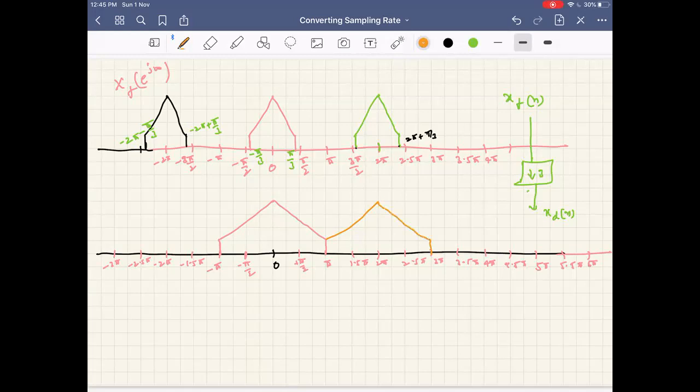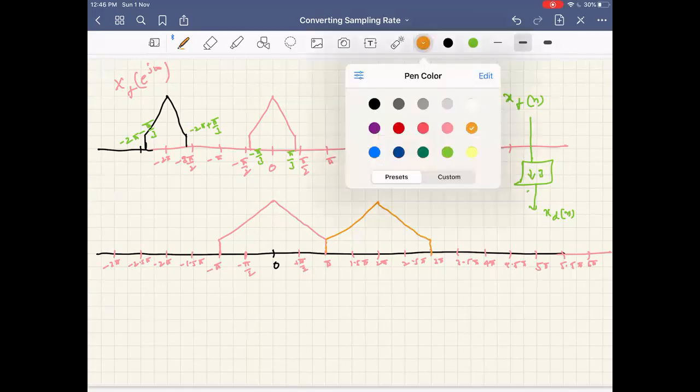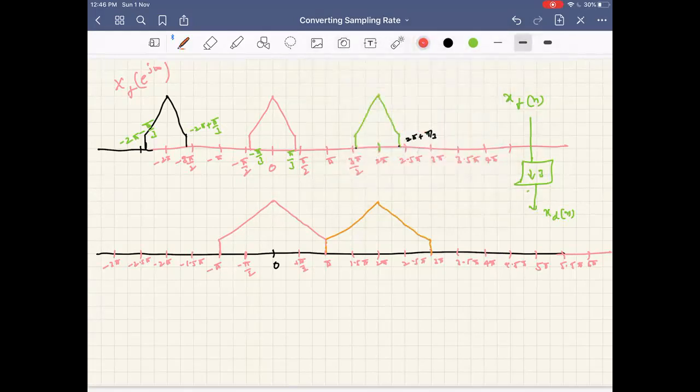This is the second replica of the base spectrum. And then where does the next replica come? Where does the third one come? It is from 4 pi, 4 pi minus pi to 4 pi plus pi. And hence this is from here till here, right? And these are the 3 replicas of the base spectrum.